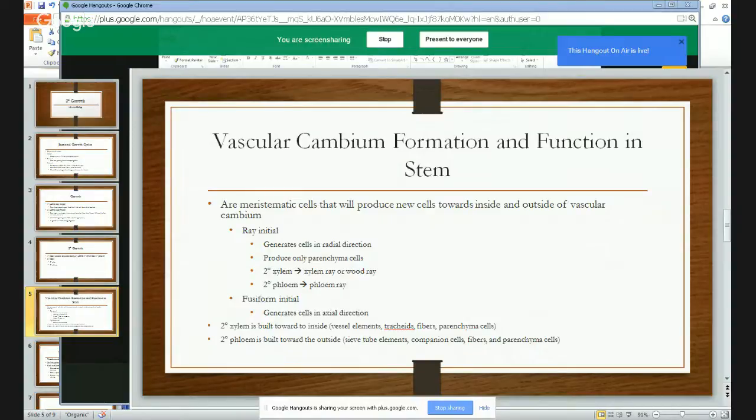So I'm sorry, I got that backwards, didn't I? Your fusiform are going to be your longer vessel tube elements. Sorry. So they're going to be the cylinder ones. I'm sorry, the ray initial cells, those are going to be your parenchyma cells. So those are going to be square shaped. If you were to take a cross section, those will be side by side.